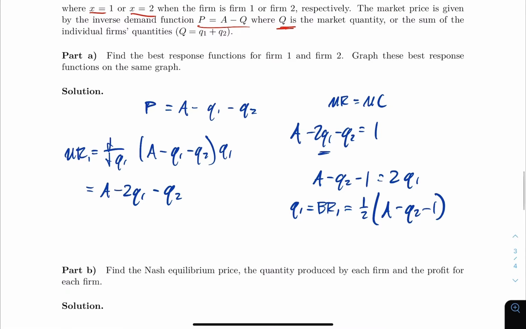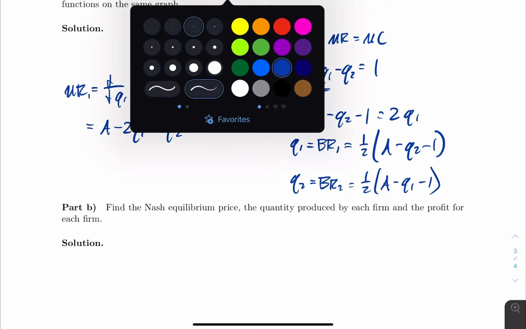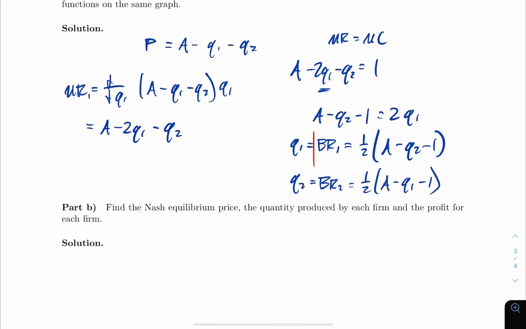Okay, so that's our best response for firm 1. And then because these are symmetric, we have Q2 is equal to BR2, 1/2 (A minus Q1 minus 1). So these are our two best response functions.